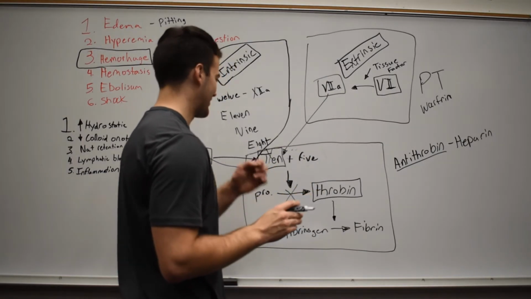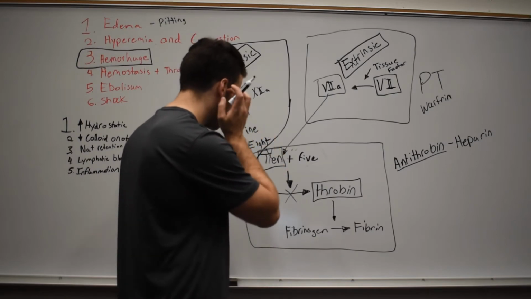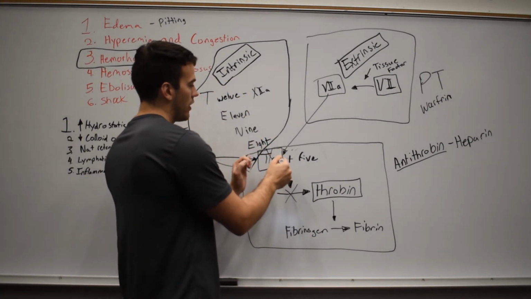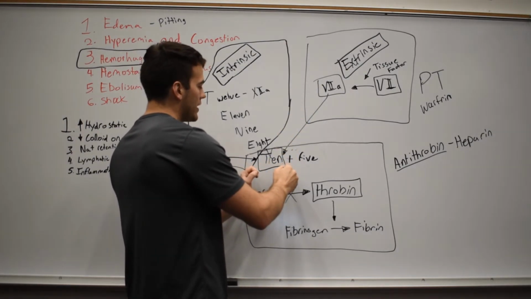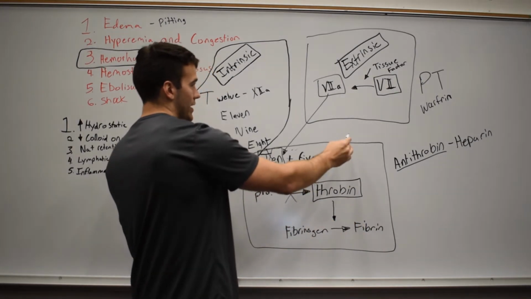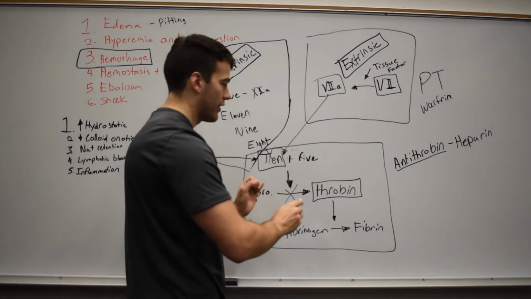So I should have explained the common pathway first, but I'll do that now quick. When we get to the final end of this intrinsic pathway, and also the extrinsic pathway, as we'll see, we get to this area called the common pathway. Both intrinsic and extrinsic pathways share this way that they make the final clot.